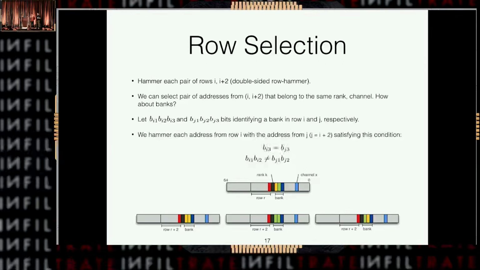If the addresses you are selecting are in the right bank, you have to ensure that BI3 is equal to BJ3, and BI1, BI2 is different from BJ1, BJ2, but it leaves you with 4 rows, and in these 4 rows there are 2 that are in the same bank and 2 that aren't in the same bank. So as you don't know, you just hammer the 4 rows and don't care. Thank you.